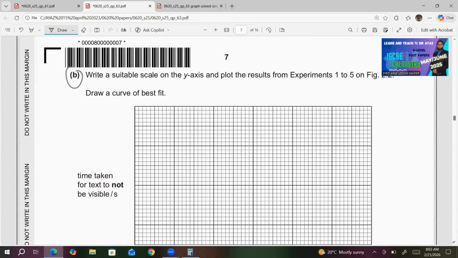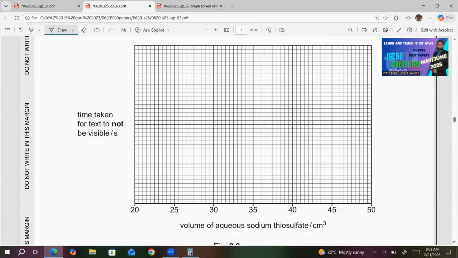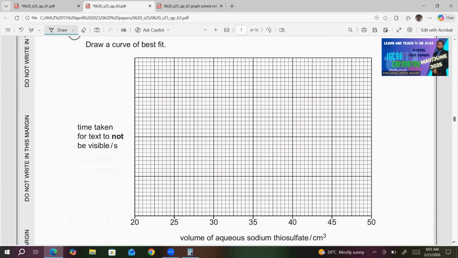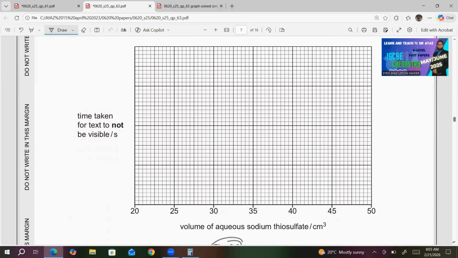Write a suitable scale on the y-axis and plot the results from experiment 1 to 5 on figure 2.2. So here's the graph. We have volume of aqueous sodium thiosulfate in cm³ on the x-axis. This one is the x-axis. And the y-axis, what we are having?